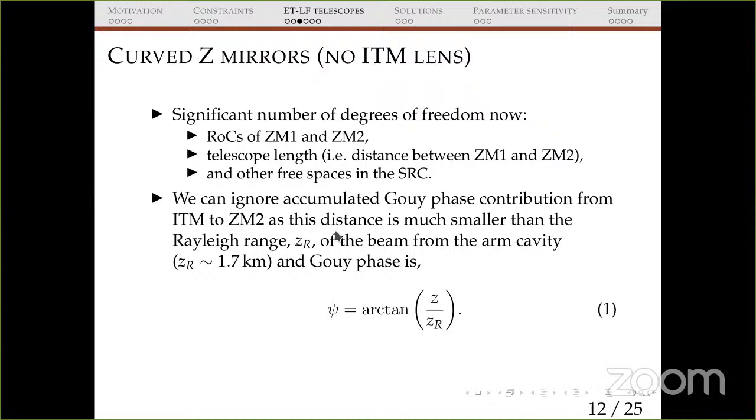We can pretty much safely assume that the main Gouy phase accumulation will come from the telescope to the signal recycling mirror, as the Gouy phase changes faster close to the beam waist, remembering that we're targeting the beam waist at the beam splitter.